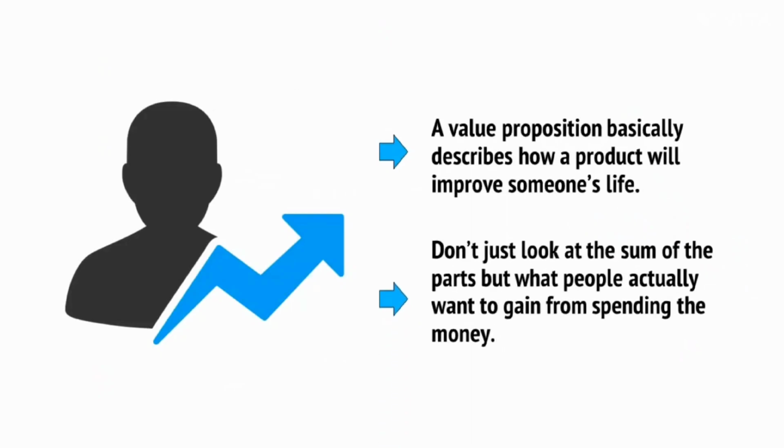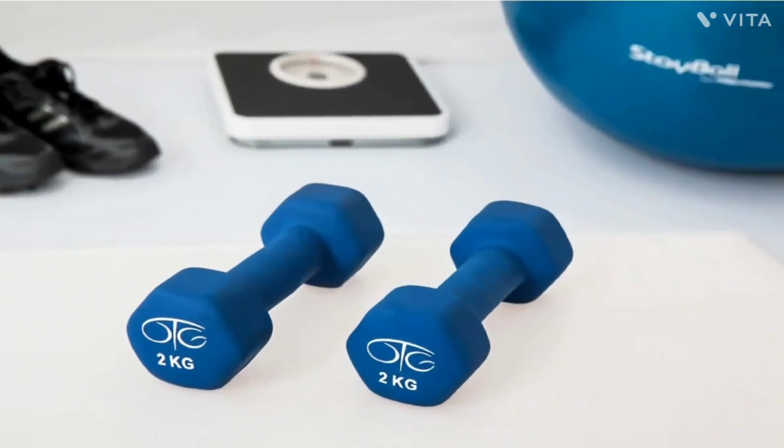In other words, don't just look at the sum of the parts, but what people actually want to gain from spending the money. For example, people don't buy dumbbells because they need something heavy. People buy dumbbells because they want to be strong, toned, healthy, attractive, and confident. This is what you need to emphasize in your pitch because it will ensure that your prospective customers start imagining what life could be like after they've purchased your item.